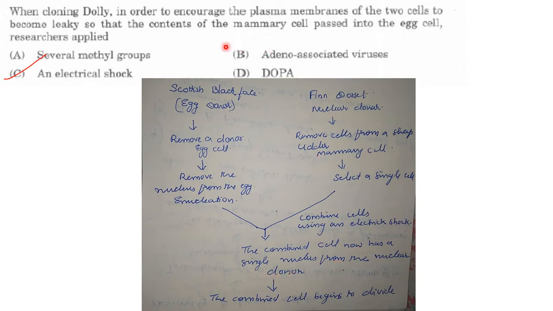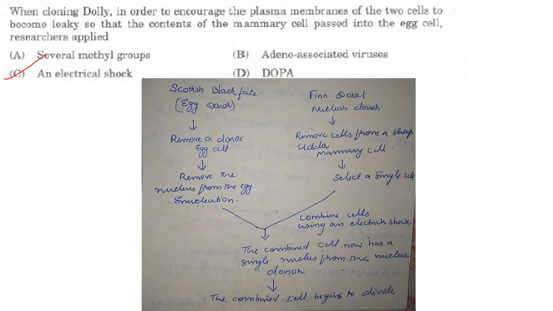So the question is, when cloning Dolly, in order to encourage the plasma membrane of the two cells to become leaky so that the contents of the mammary cell passed into the egg cell, researchers applied... So how did they combine this enucleated egg cell and the nuclear donor cell? It was combined using electric shock. So the answer is option C, electric shock.